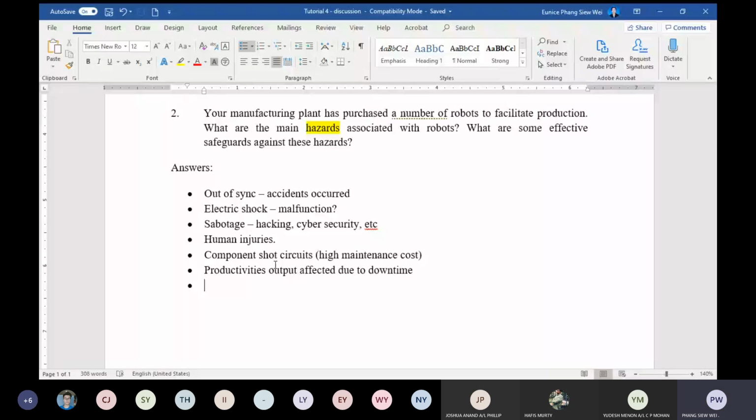The biggest hazard is basically cybersecurity. The rest are more like things that we have to be aware of when we have robots. But what other things?